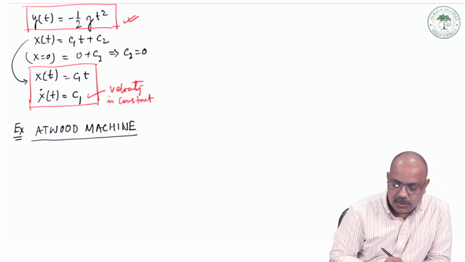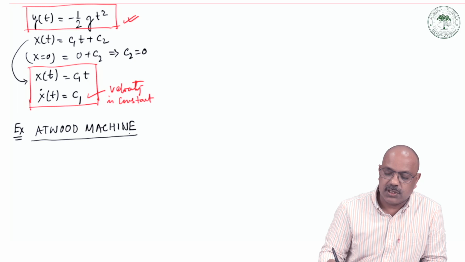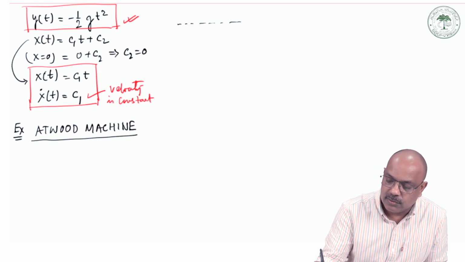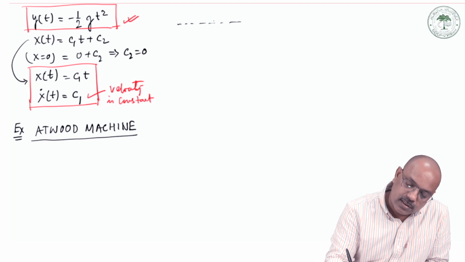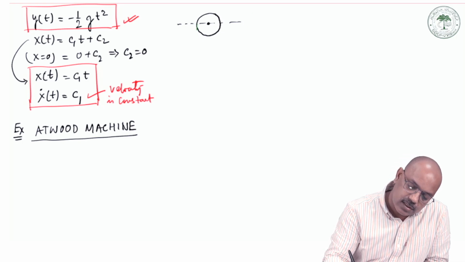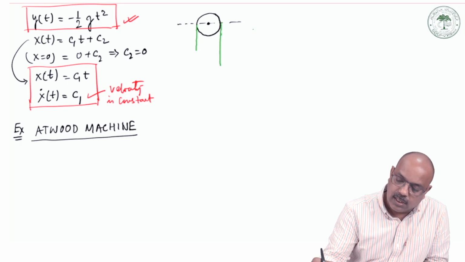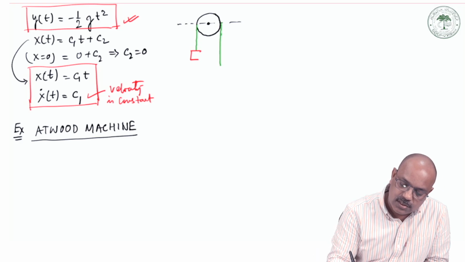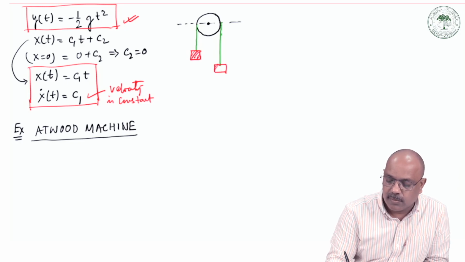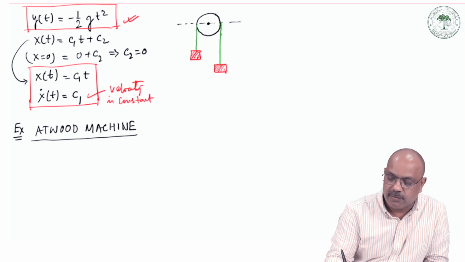This Atwood machine is nothing but a pulley, and then I have a rope going over it, and then I have a mass attached to this. Sorry, my drawing is not very good.